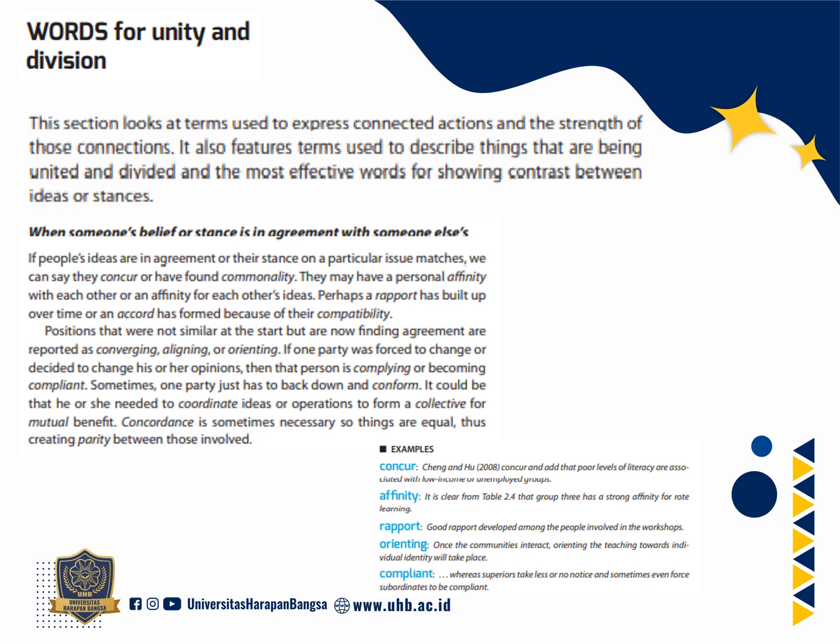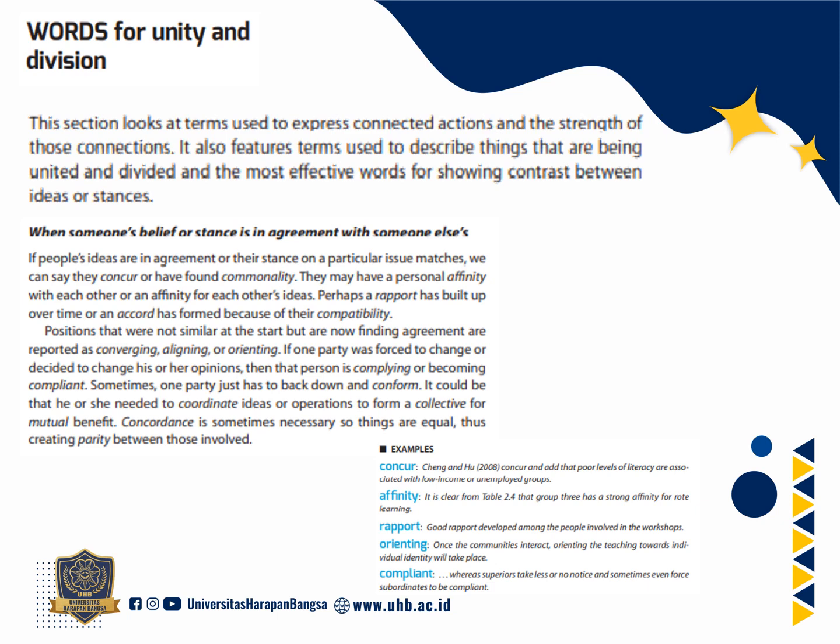Positions that were not similar at the start but are now finding agreement are reported as converging, aligning, or orienting. If one party was forced to change, or decided to change his or her opinions, then the person is complying or becoming compliant.